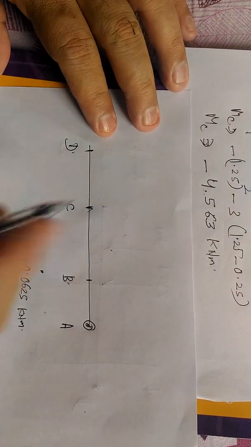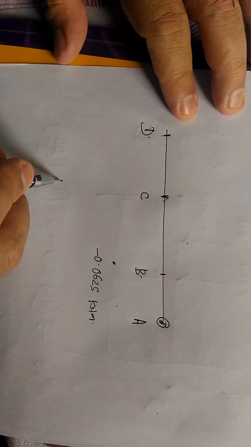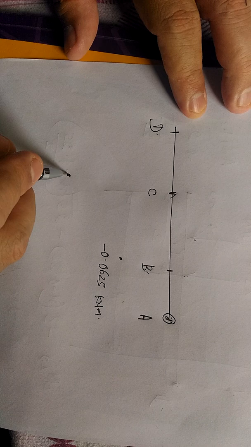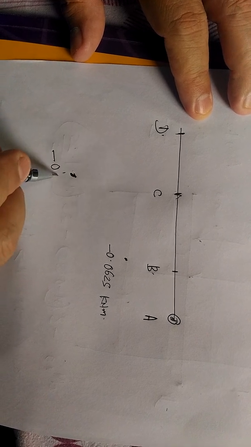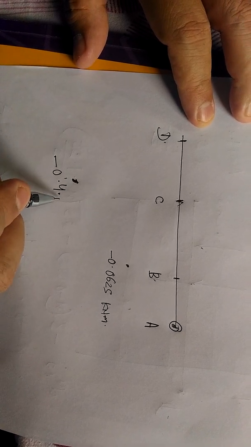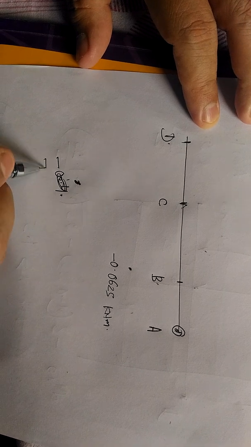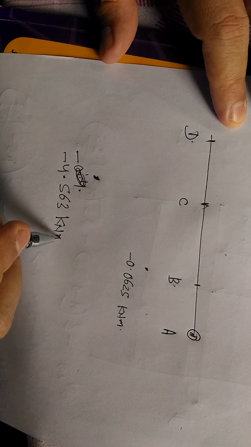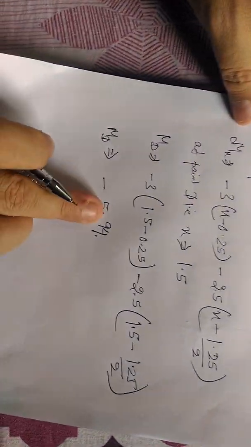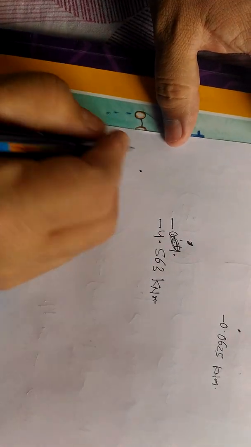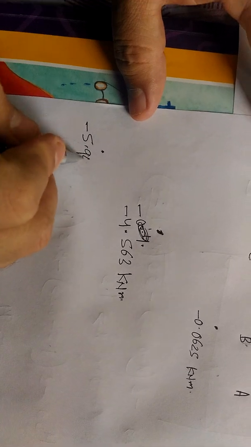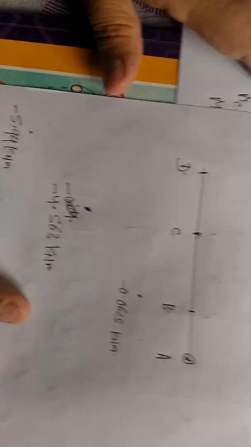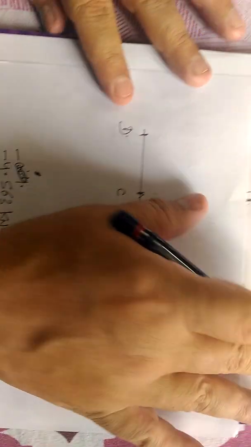At C, this is slightly higher, minus 4.563 kilonewton meter. And finally at point D, that we have calculated, minus 5.94 kilonewton meter.